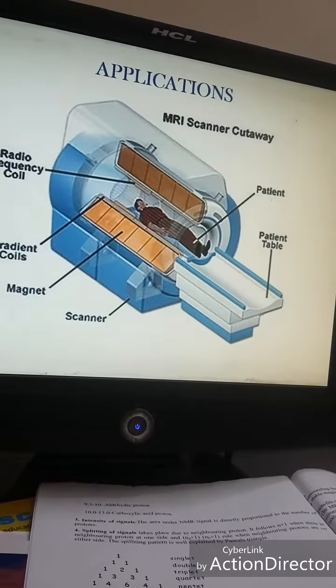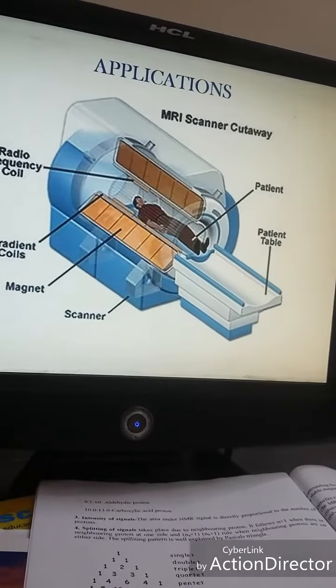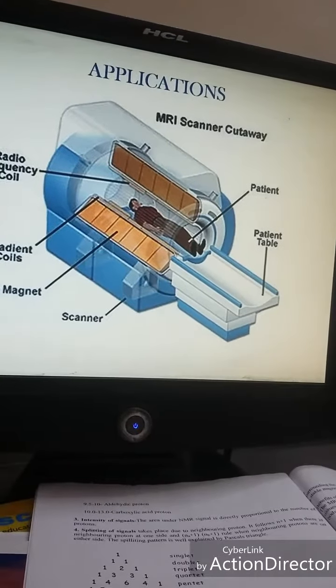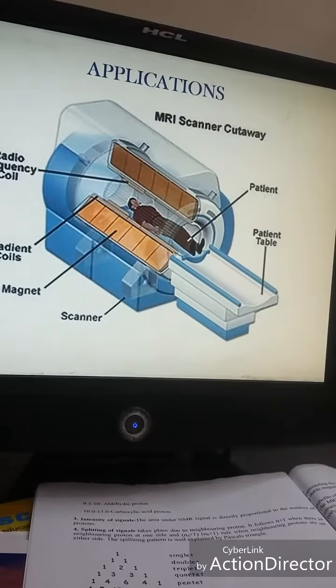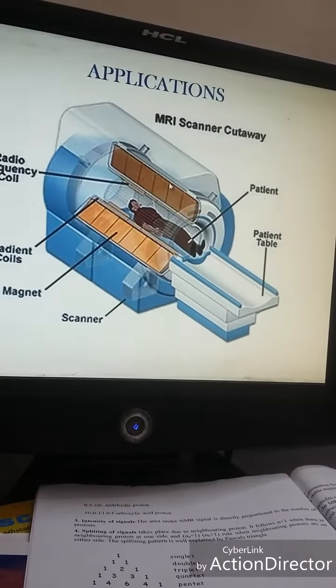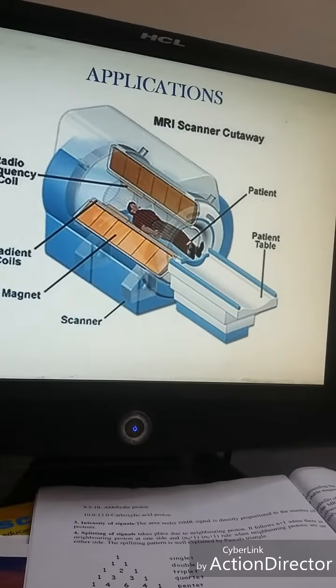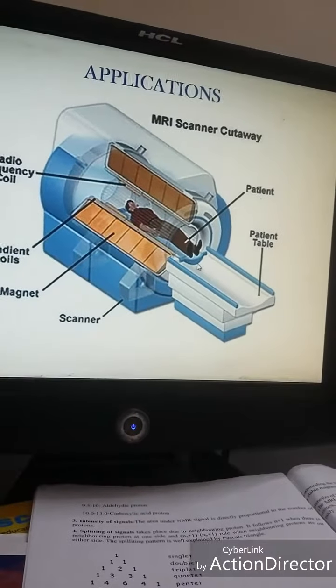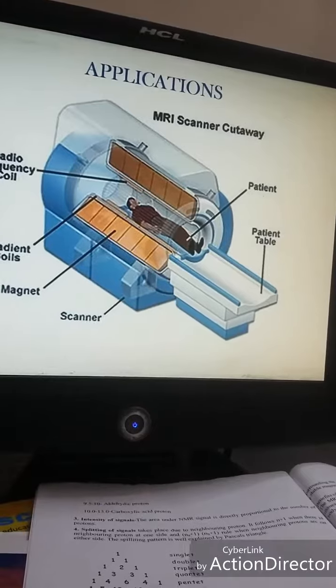The images are very precise and give you an entire view of the body at any angle. So as you can see, it is a cylindrical machine where the patient is put. There is a very strong magnetic field, radio frequency coils are applied, and it follows the same principle as NMR.